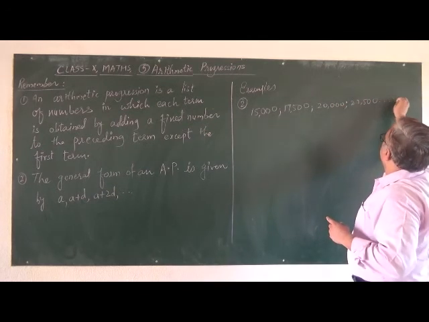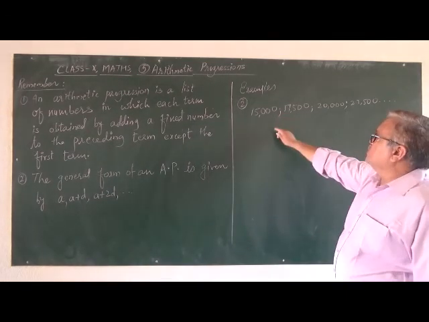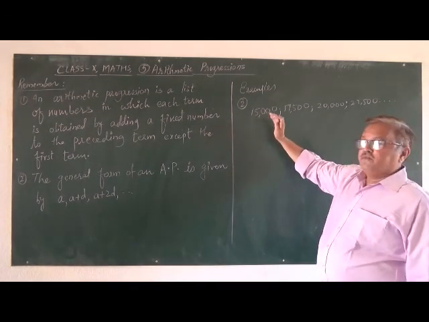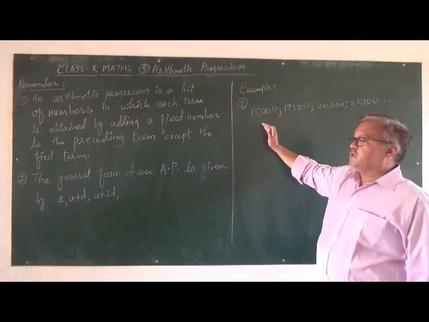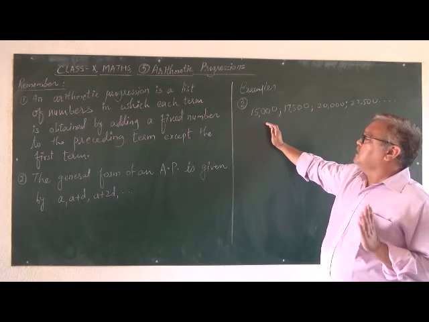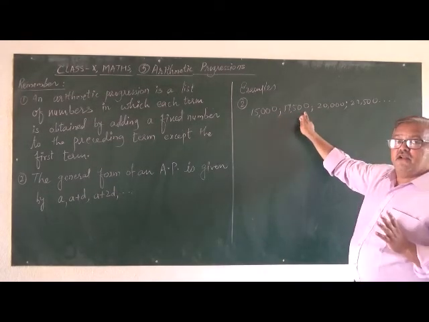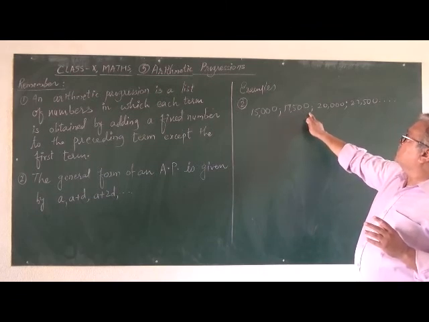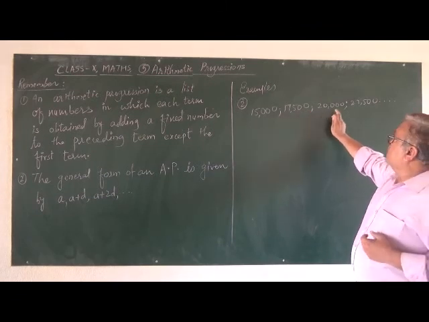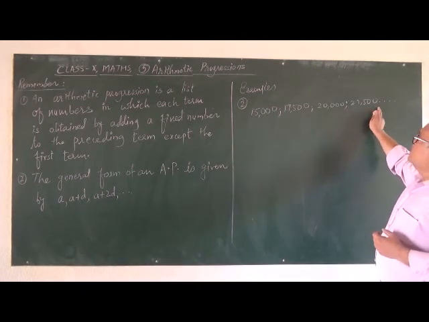So is it forming an AP? Yes, of course, because they said your starting salary is 15,000 and every year you will be getting 2,500 as an increment. So 15,000 plus 2,500 is 17,500, 17,500 plus 2,500 is 20,000, 20,000 plus 2,500 is 22,500.